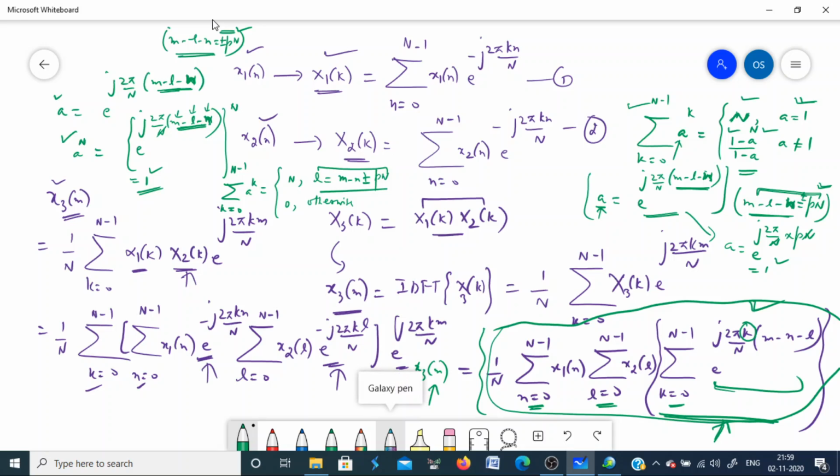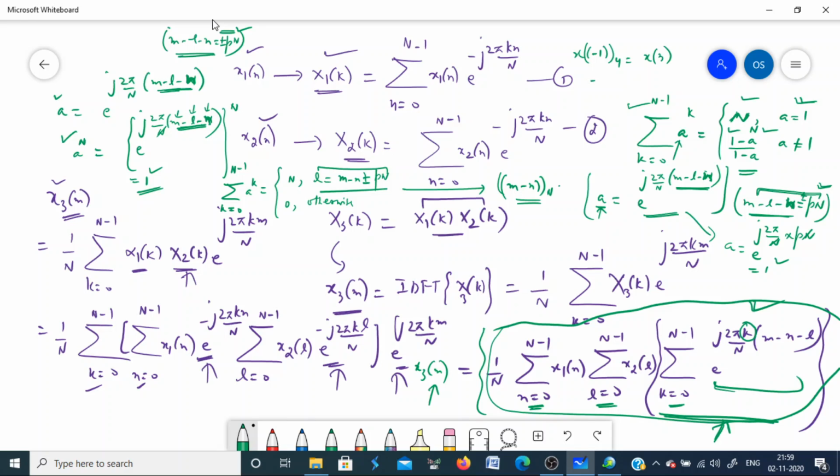Is it? If you see this l minus m plus pn, you can relate it to the modulo n operation, that is, I can write it as m minus n modulo n. Suppose I have taken x of minus 1 mod 4.